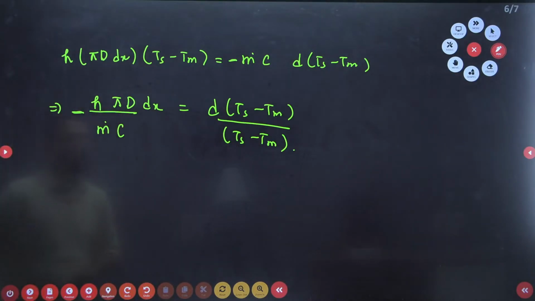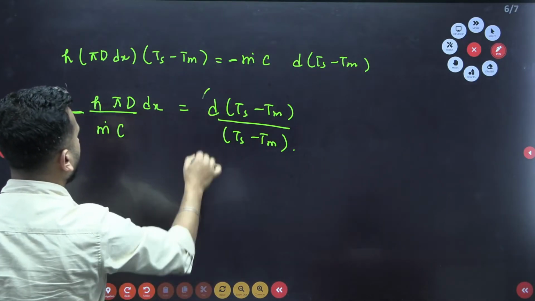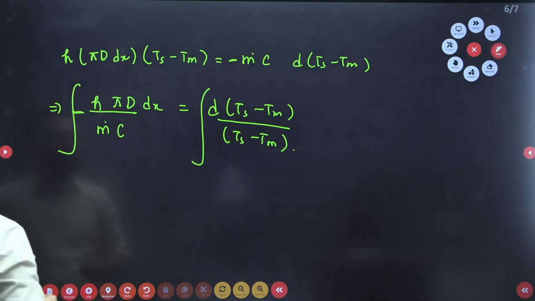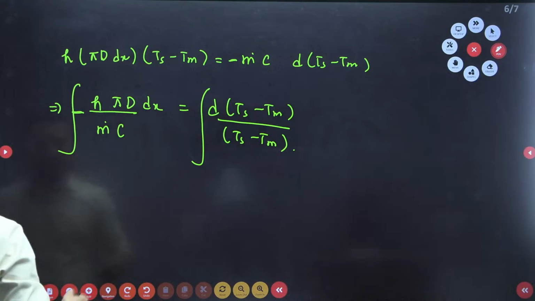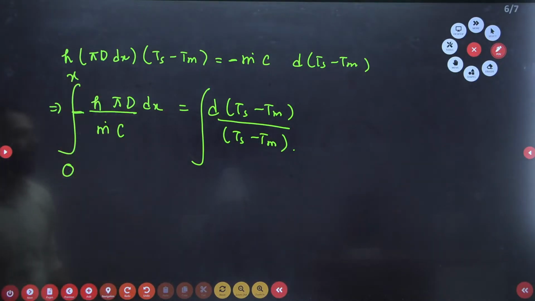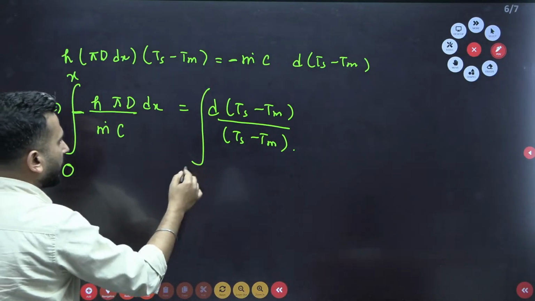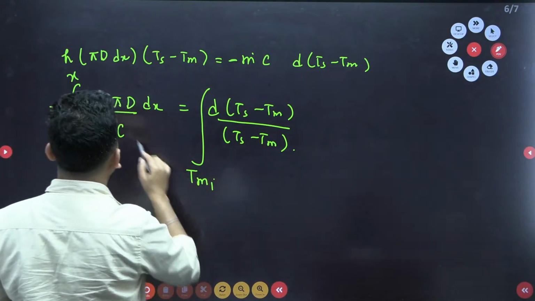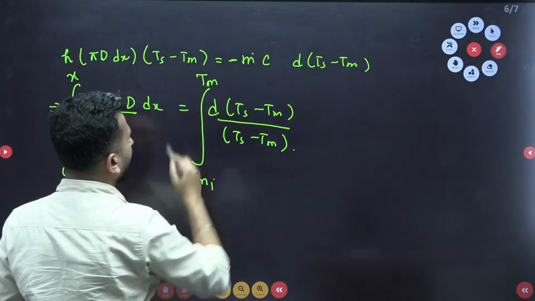Now Tm is the variable here, so I can very easily integrate. Let's say I want to see the variation, so I am integrating from 0 to x. At x equal to 0, the temperature was Tmi, and at any x, the temperature, let's say, is Tm.